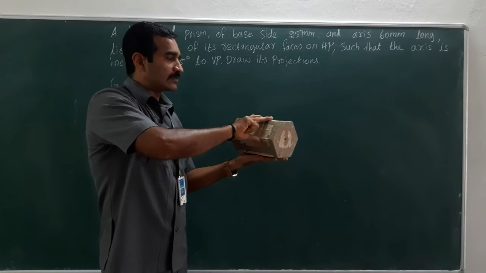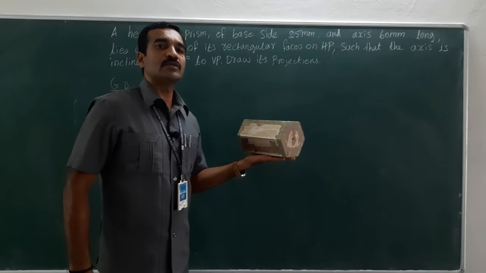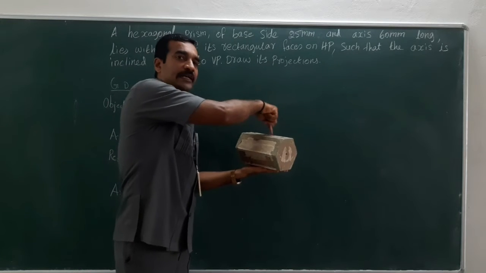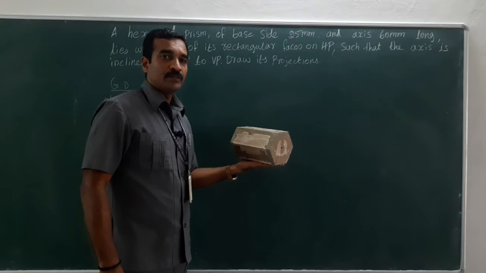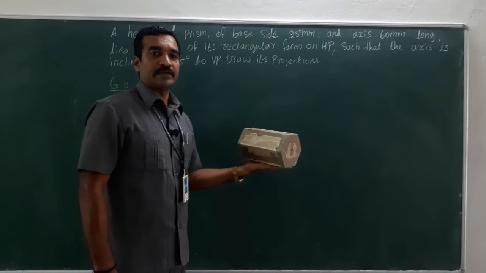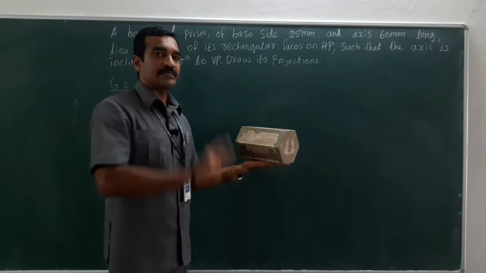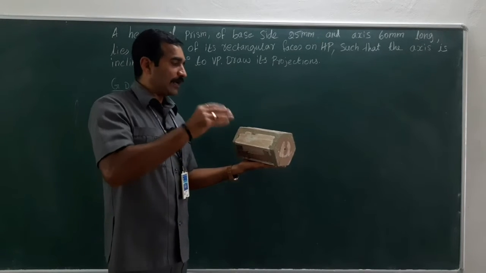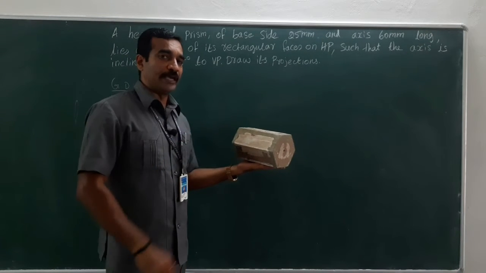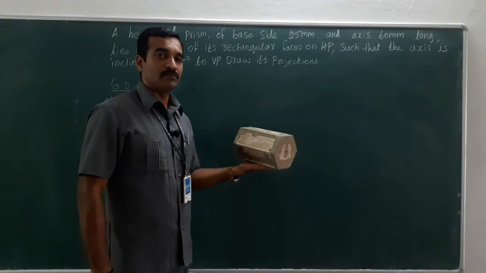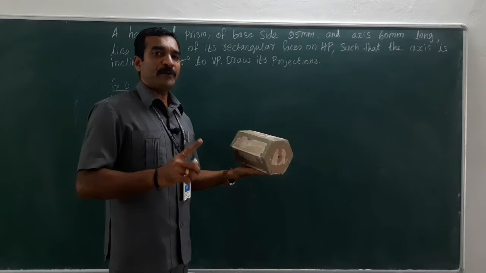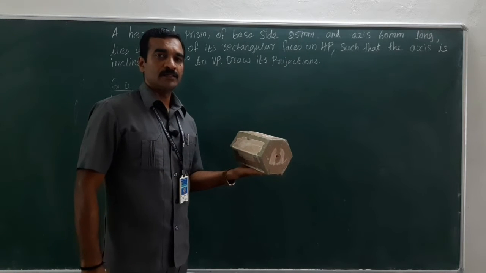This is how it has been inclined, making some inclination with VP. So this is the final position, that is, the axis is inclined. In order to draw the true shape, that means to start the first diagram, the axis should be perpendicular to one of the planes.